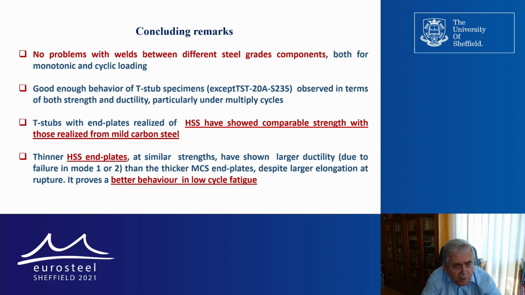And this is important: thinner high-strength steel end plates of the specimens at similar strength have shown a larger ductility, due to the failure in modes 1 or 2, than the thicker mild carbon steel end plates, despite the larger elongation at rupture. It proves a better behavior in low cycle fatigue.